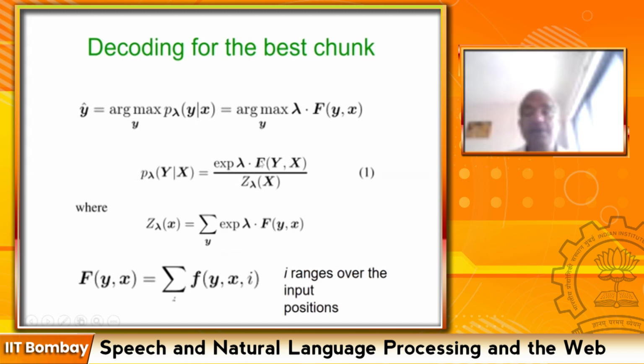Okay, so this is the main idea, and you can see that Viterbi can be applied because this probability of y given x can be converted into a product of probability of yi given yi minus 1 and x. Okay, so you can get the transition probability of the next state given the previous state and the input information.